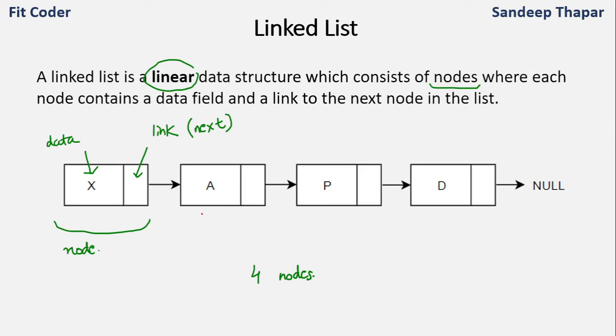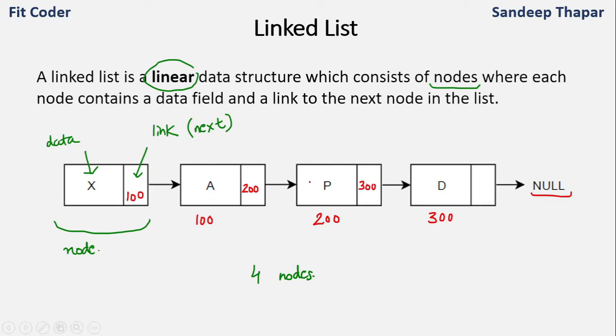Let's say the address of this node is 100, the address of this node is 200, and the address of D is 300. So the first node will contain a pointer which points to the address 100. The second node will contain a pointer pointing to the address 200, and the third node will contain a pointer pointing to the address 300, and the last node will point to a null address.